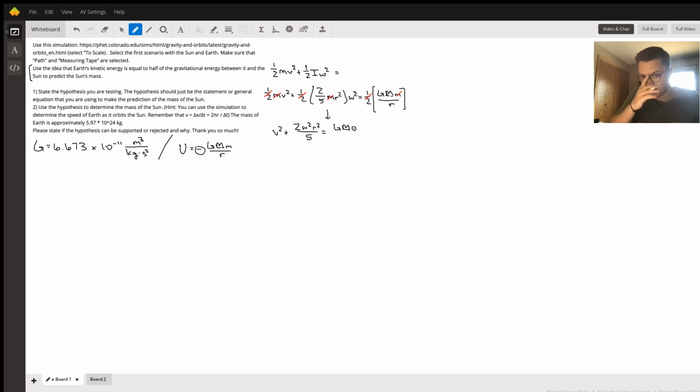I'm going to put that little circle and a dot there to represent the sun, over r, the orbital distance. So from here, really, let's just solve for M. So mass of the sun is going to be equal to, I'm skipping a couple steps here, hopefully you can follow, r over G times v squared plus 2 omega squared r squared over 5.